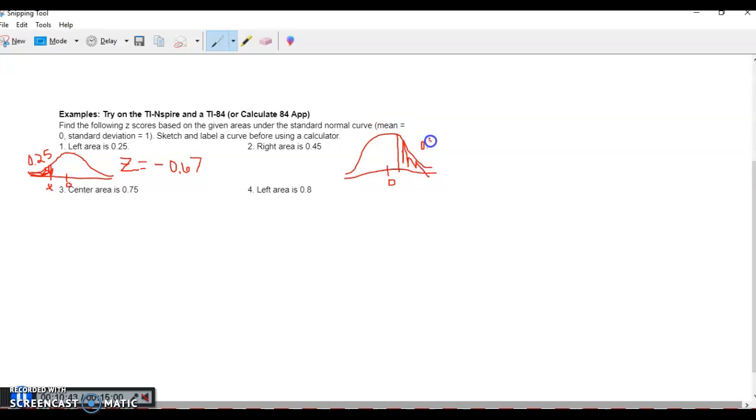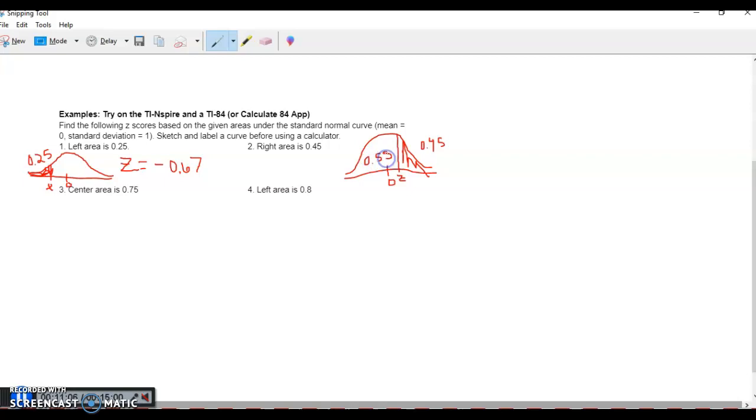So that area is 0.45. I want to know, well, what z-score, what z-value gives me that area? Now again, the calculator will not understand right areas. So I got to use a little thinking. Well, if the right area is 0.45, that means this left area has to be 0.55.